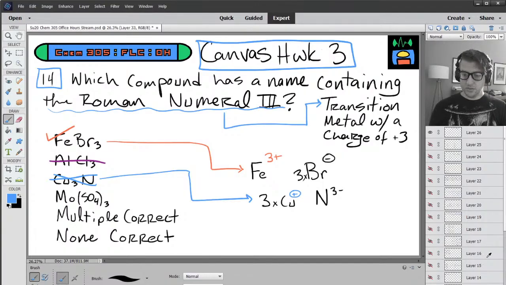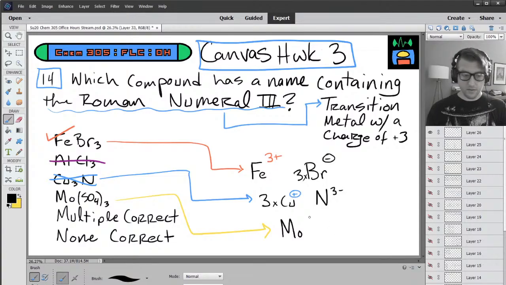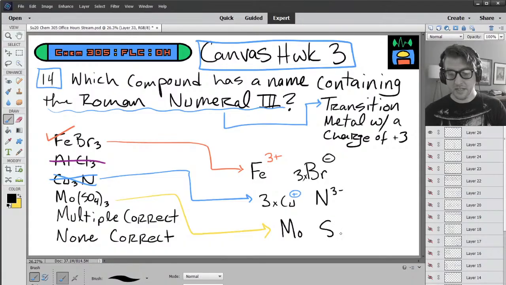For our final candidate to analyze, let's look at molybdenum sulfate, or that's not its name, but the one with molybdenum and sulfate.